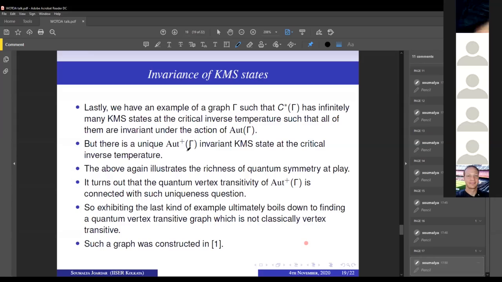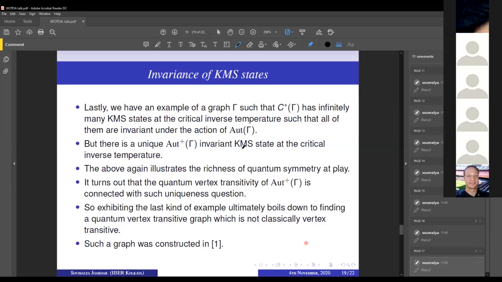So in that sense, we can see that the quantum symmetry is quite rich in this regard also. We have already seen that it is rich because Sn plus is quite large compared to classical Sn, but in this regard also we see that it is quite rich. In some sense it demonstrates the richness of quantum symmetry.